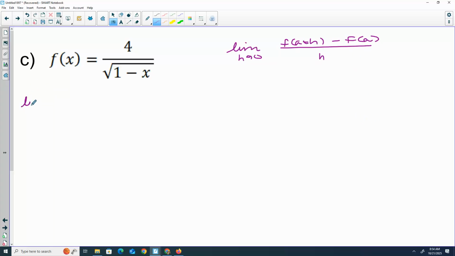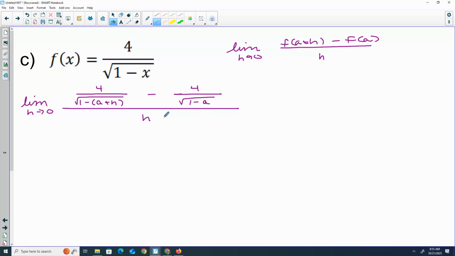So if I'm going to do that, we have the limit as h approaches 0, f of a plus h, so I replace my x with a plus h. Minus f of a, minus a, all over h.